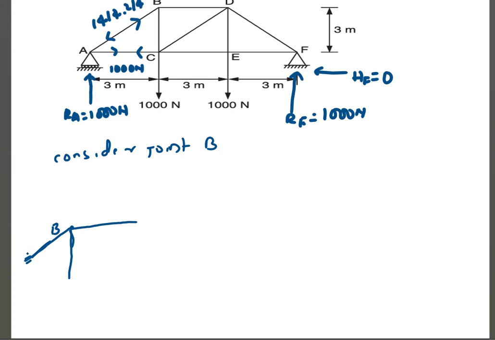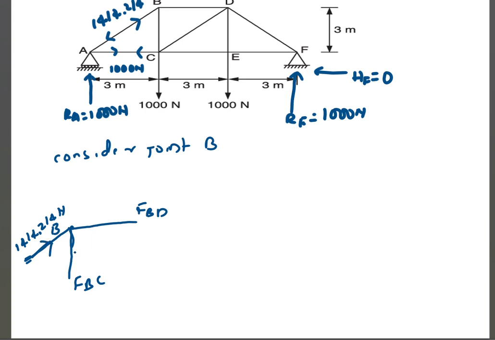This member is FBD, and the name of this member is FBC. The force present in member FBA is 1414.214 Newton, and the force in the member is compression. In the member AB, a compression force is present, so the arrow mark should be towards the joint.